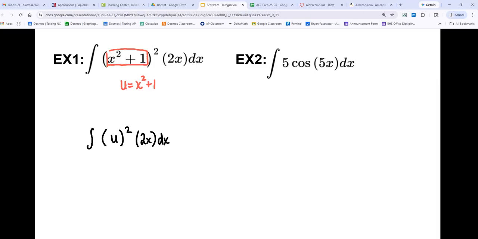And I cannot integrate unless everything matches, unless everything's the same letter. So what we're going to do every time is take the derivative of our u. If I take the derivative of u with respect to x, I'm going to have du/dx equals 2x. Everybody good there? Just using power rule to take the derivative.